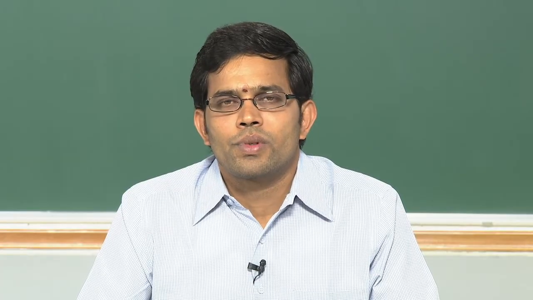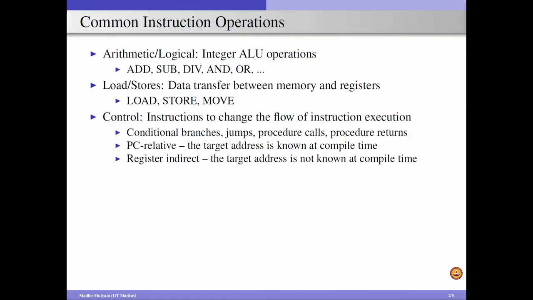But what happens if the target address is not known at compile time? What is the addressing mode we can use? In those cases, we typically use register indirect. We dedicate a register, and this register will be updated with the target address at runtime. As a result, we specify the address of the register in our instruction.